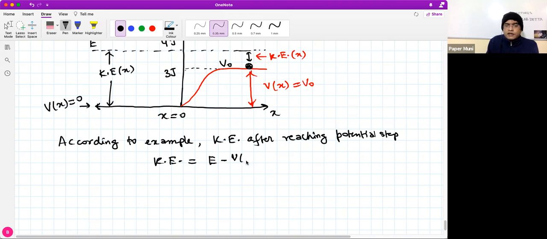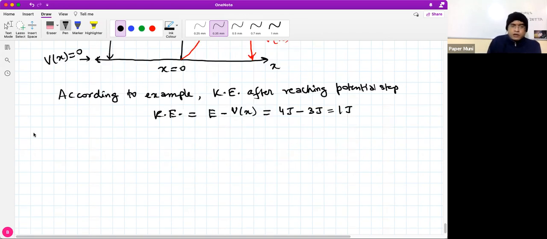Now what will be the kinetic energy here? E is 4 joule and this is 3 joule, so the kinetic energy is 1 joule in this example. So the particle is able to move beyond the step, so it can continue to move.